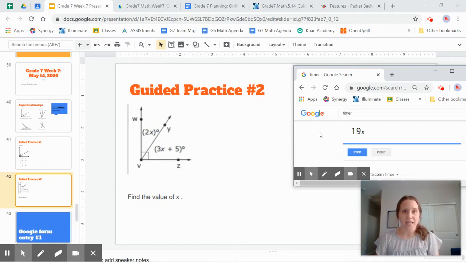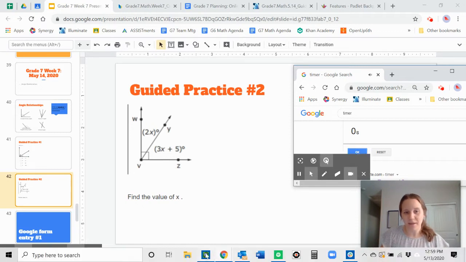Try combining any like terms before you start solving. All right, it's okay if you didn't quite have time to finish.